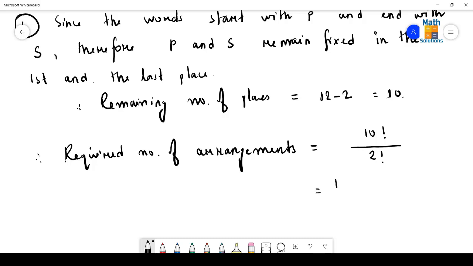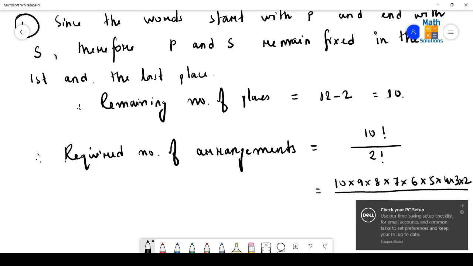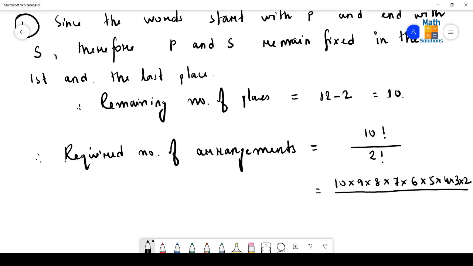So let us break it. 10 into 9 into 8 into 7 into 6 into 5 into 4 into 3 into 2. If we do not write 1, then also there is no problem. So after this we can write 2 factorial.